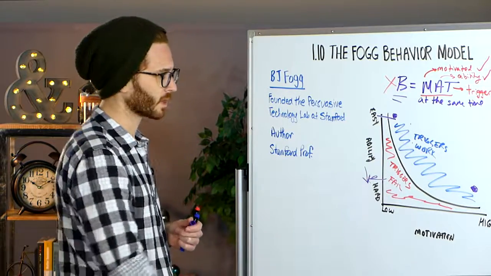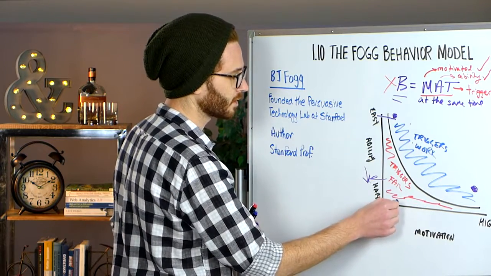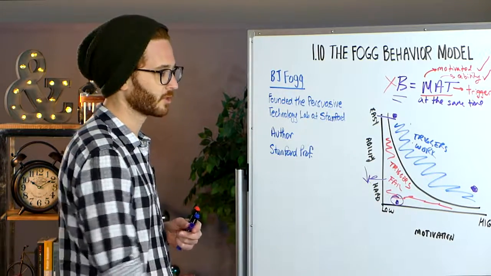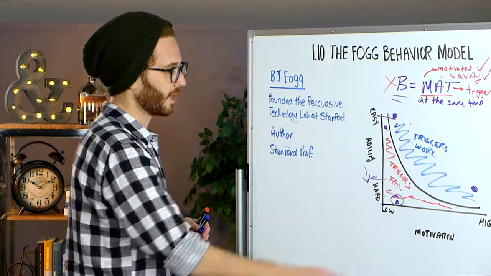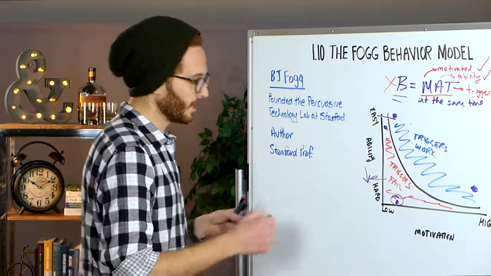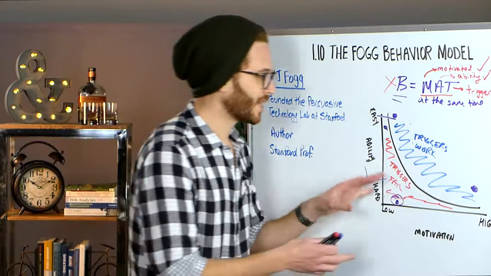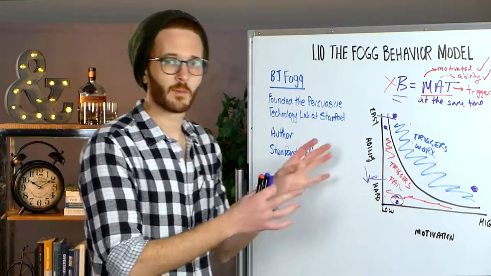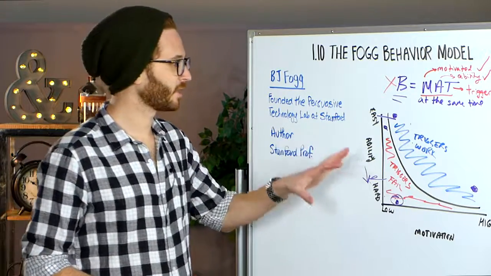Whatever trigger you provide will work. Down here, you could have low motivation, and it's hard, right? So your trigger is going to fail. It could be easy, and the person's not motivated, and it will fail, right? So this is very, very important when it comes to understanding how people are moved to behave in general and how to design effectively around that.